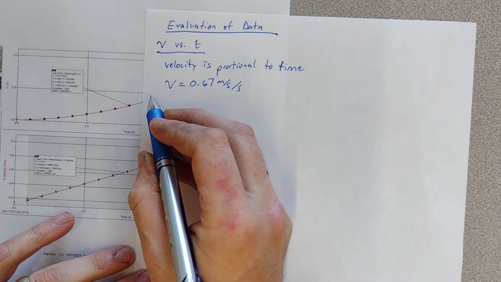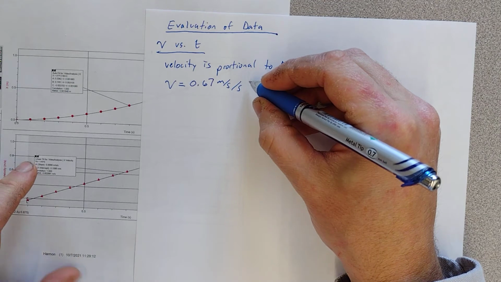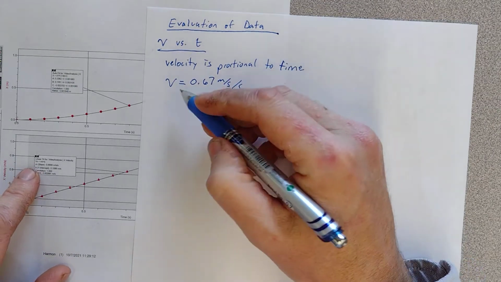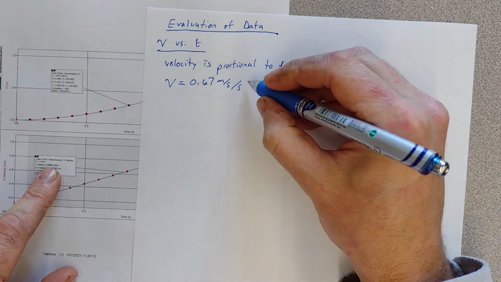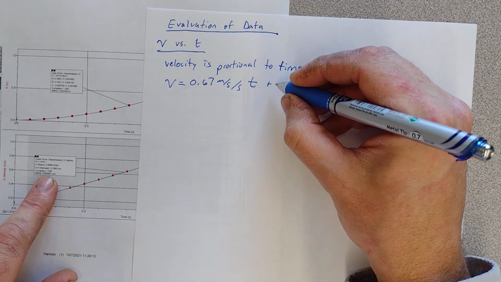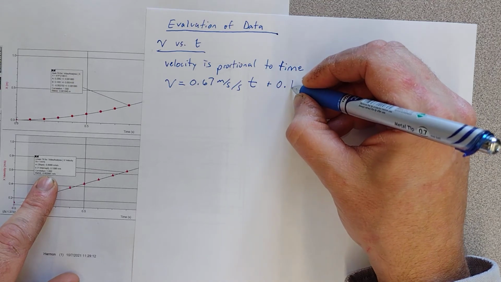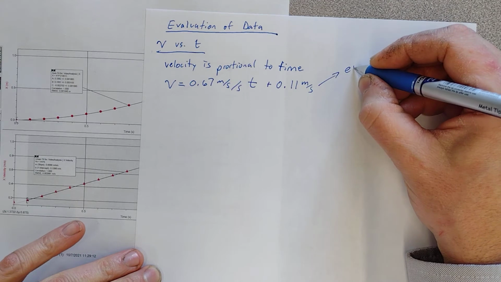Now this is called, again, the experimental equation. And we're going to continue on. So that's the y variable, that's m. The x variable is t, plus the y-intercept, which is 0.11 meters per second. So that's our experimental.